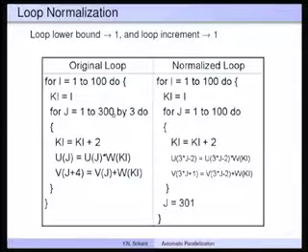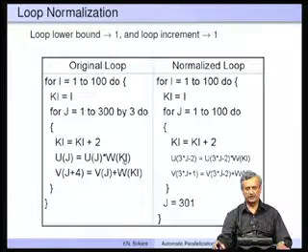Obviously, when the increment is changed to 1, the expressions which use j inside will have to undergo some change. So, here if you just expand j equal to 1, 2, 3 etcetera, we would have had u1 equal to u1 star w k i, u2 equal to u2 star w k i etcetera.